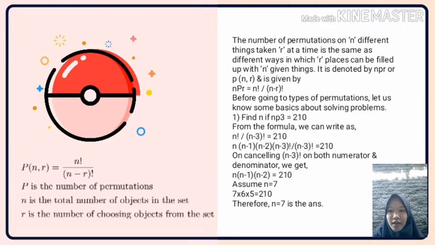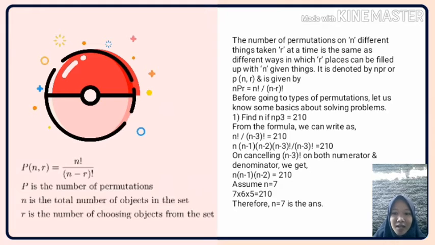So, n times (n minus 1) times (n minus 2) times (n minus 3) factorial divided by (n minus 3) factorial equals 210.